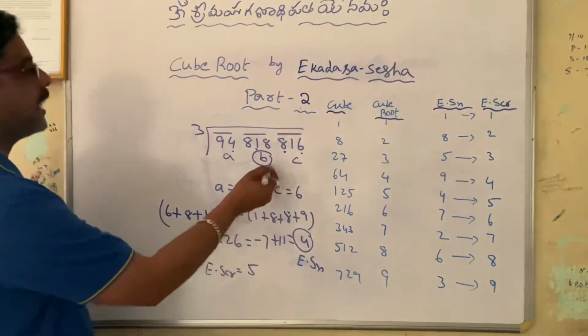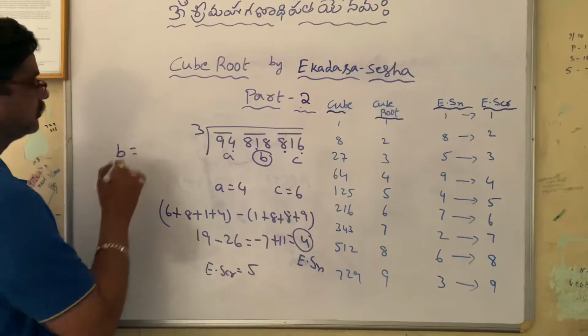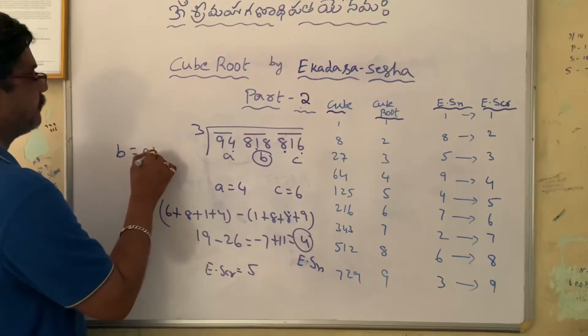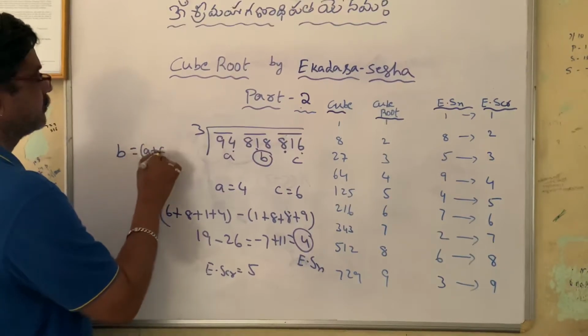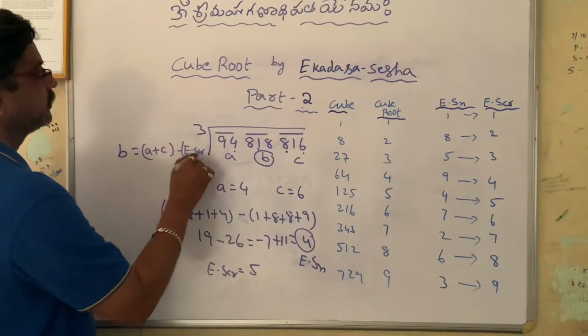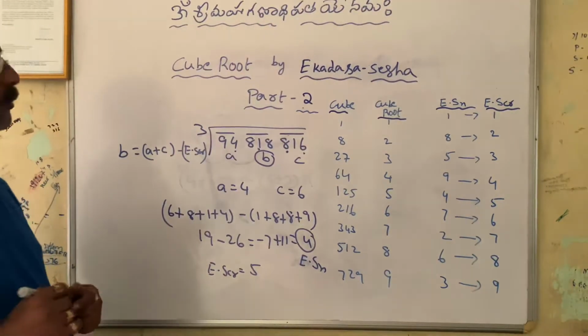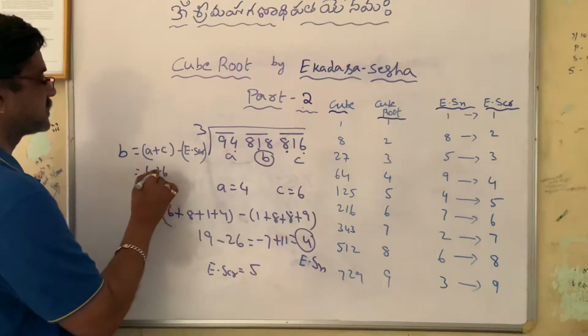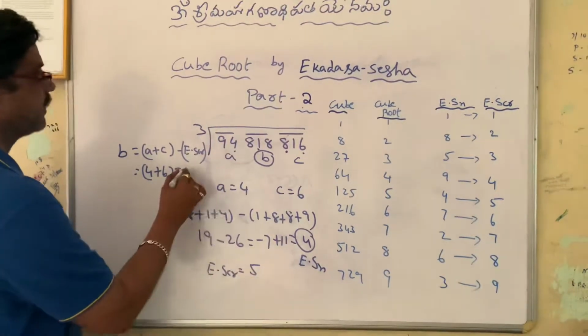Now we have to find out the B value. How to find out B? B is equal to A plus C minus Ekadasha Sesha of the cube root. So A plus C, that means 4 plus 6 minus 5.